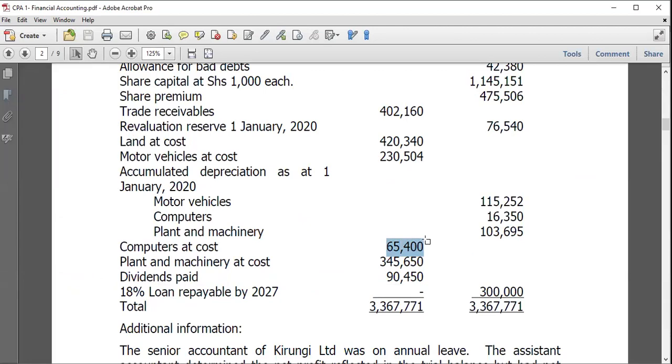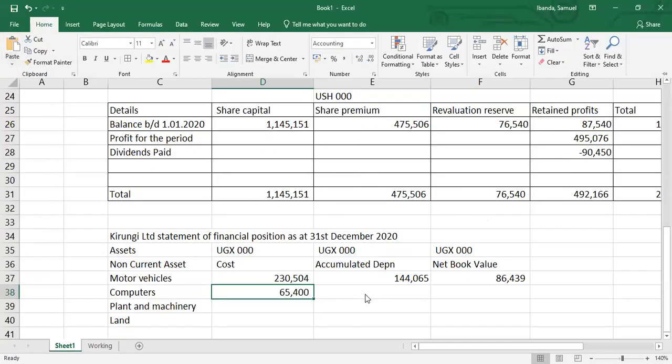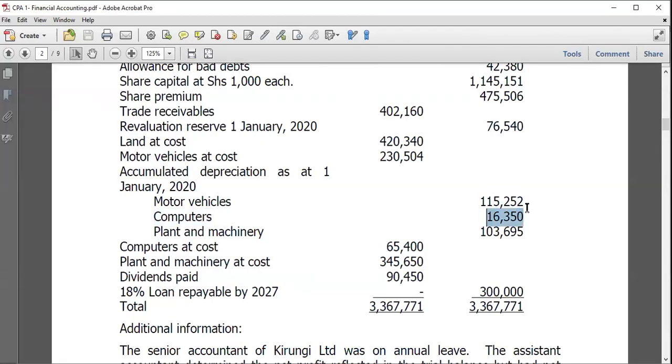So for the computer, the cost is 65. So I'll definitely pick the 65 right there. Then the accumulated depreciation, like I said, I'm going to pick the 16,350 and add the depreciation for the year.